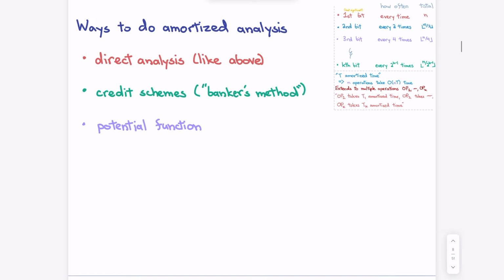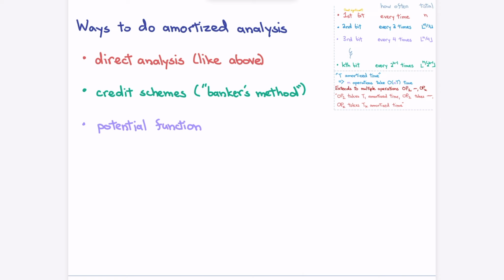There are many ways to pull off an amortized analysis. At the end of the day, you need to come up with T1, T2, and T3 and be able to justify that it meets the definition. But over time, we've also come up with heuristics, or different ways of thinking about it, that help some people come up with an amortized analysis.